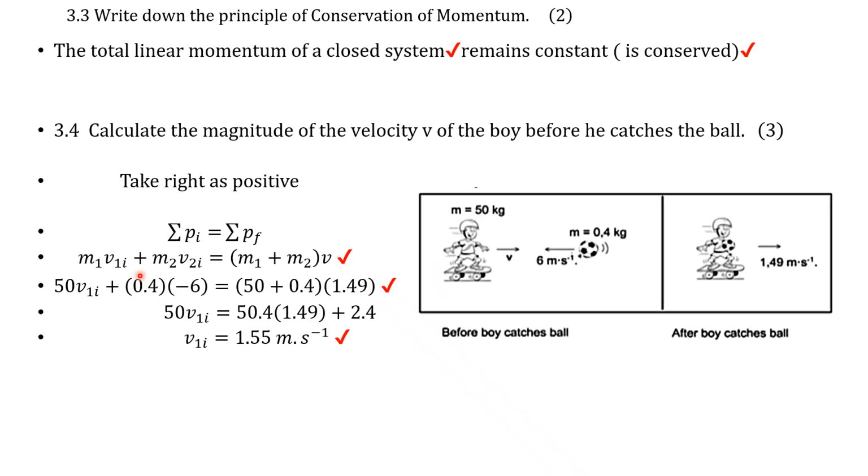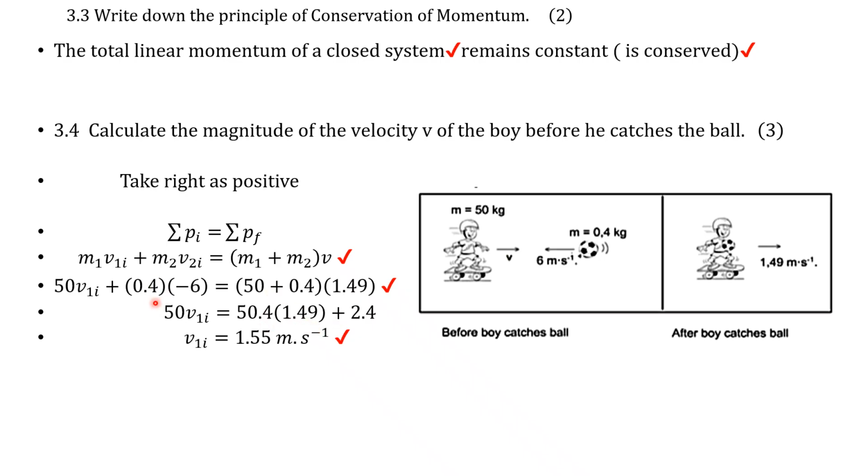So mass 1 is 50 kgs, we don't have the velocity. Mass 2 is 0.4, and 6 is going to the left, therefore -6. Then we have mass 1 plus mass 2 because they combine, so that's 50 plus 0.4 times 1.49, which is 50.4 times 1.49.